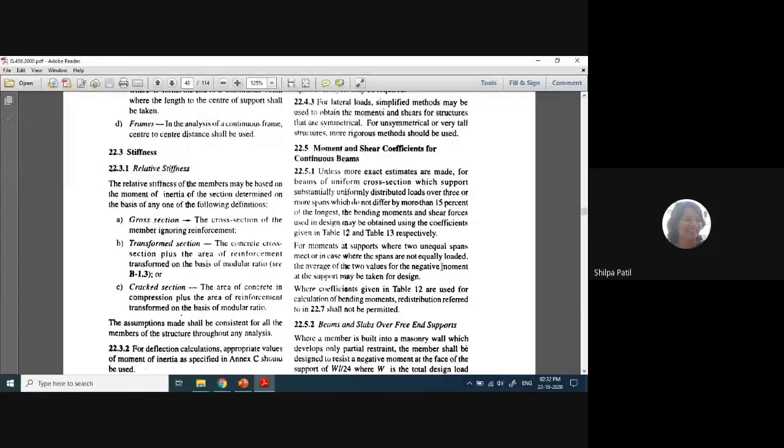For moments at supports where two unequal spans meet, or in case where the spans are not equally loaded, the average of the two values of the negative moment at the support may be taken for the design.